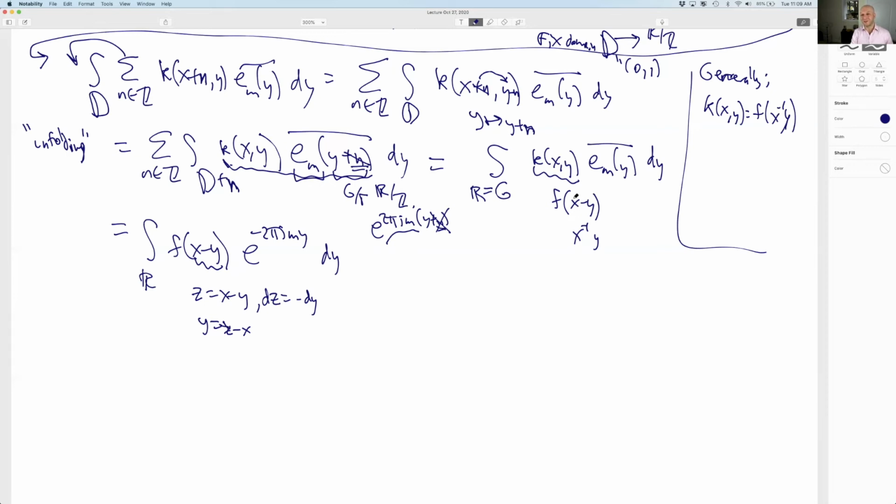We've done y inverse x instead of x inverse y. x inverse is negative x. This is negative x plus y. The point is that then k of gx, gy is f of (gx) inverse, which is x inverse g inverse times gy.